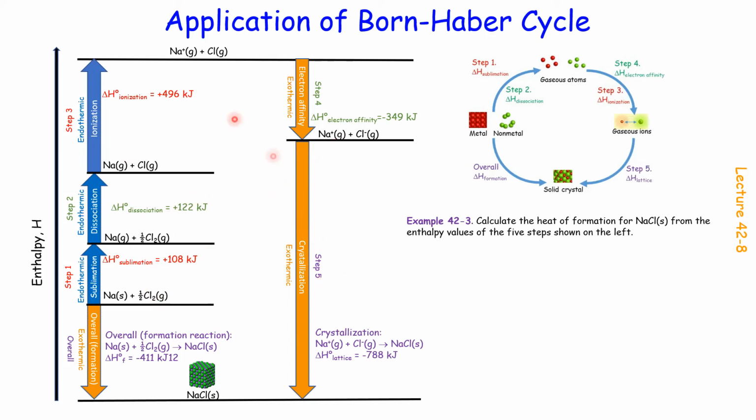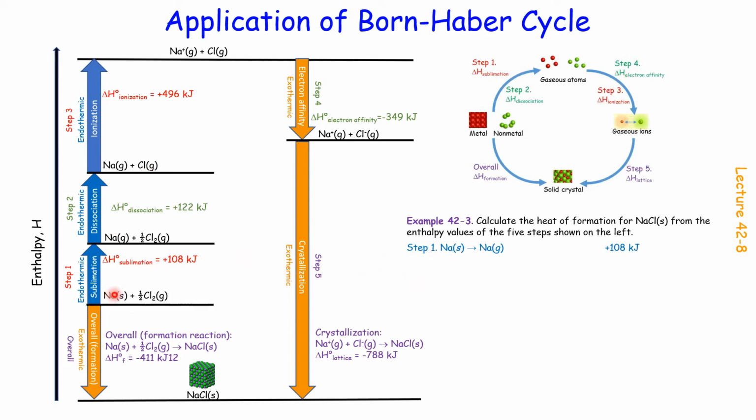Then using those ΔH values, we should be able to calculate the heat of formation for sodium chloride. According to Hess's law, the ΔH for this overall step can be calculated by adding the individual steps, steps 1 and 2, 3 and 4, and 5. Where do you get those ΔH values? They are given right here.